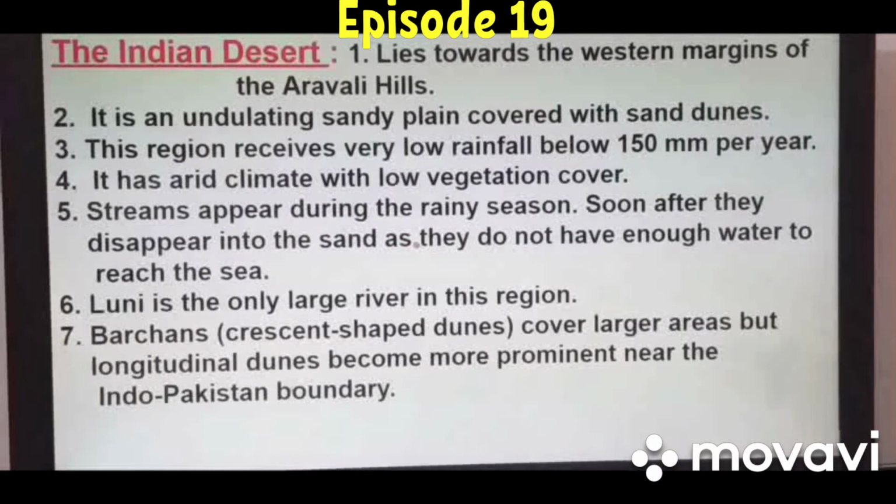Such streams do not cover a long area, because the amount of water in those rivers and the velocity of that water is very slow and gradual. So after some distance, these streams disappear into the sand, as they do not have enough water to reach the sea.